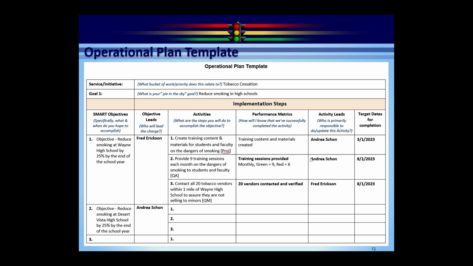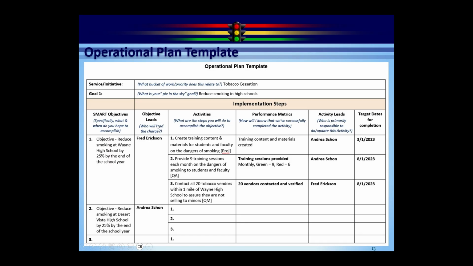And one of the other nice things that they included in there is a real quick definition of each level. So my service or initiative, what bucket of work or priority does this relate to? That's pretty good. Tobacco cessation. Our goals. What is your, I don't know if I like pie in the sky, but what's your high level goal? Reduce smoking in high schools. Our SMART objectives, specifically, what and when do you hope to accomplish?